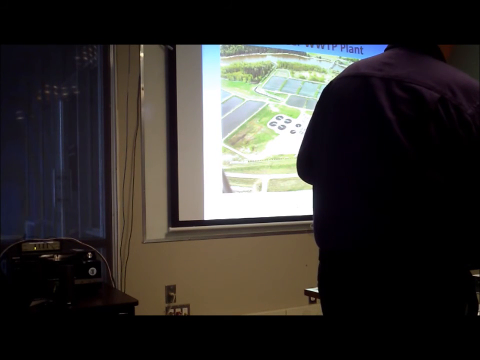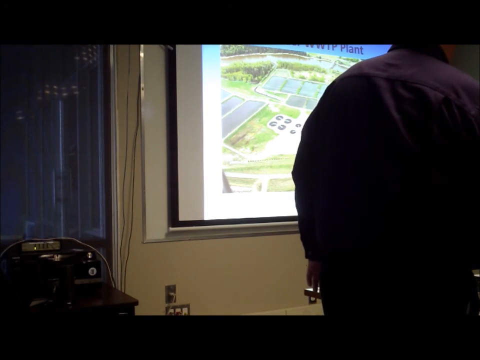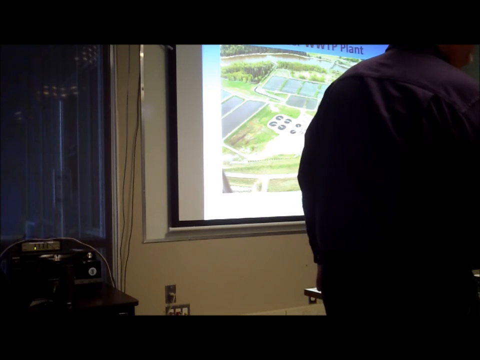And this train here, this primary clarifier, bioreactor, and these 2 secondary clarifiers were built in '73. And this train here, 2 primary clarifiers, larger aerator bioreactor, and 4 secondary clarifiers were built in '83.